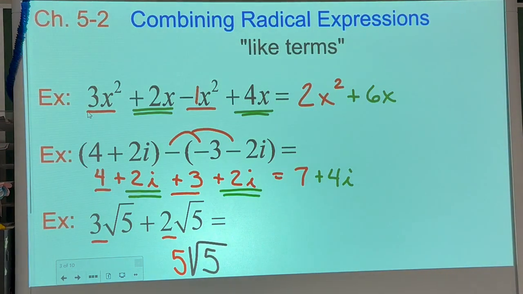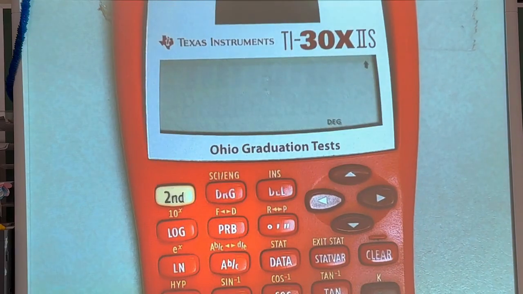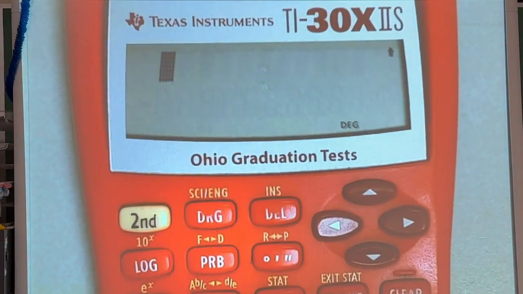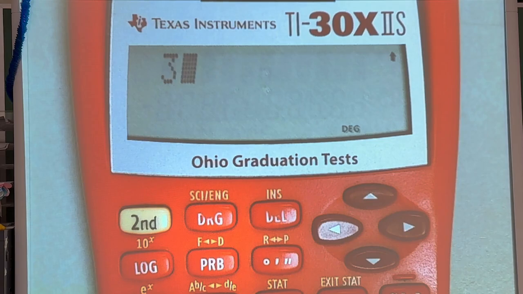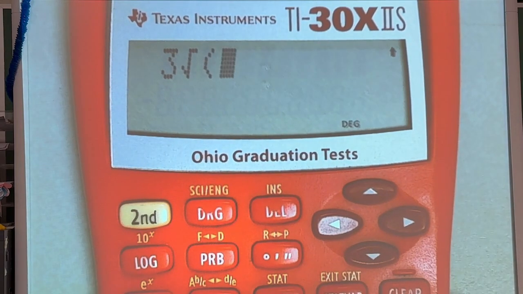Let's check it on our calculators. If I start with the problem that I had, I have to be very careful about closing my parentheses. So 3 square root is over on the left-hand side. You go second x squared. We've been doing those for a while now.